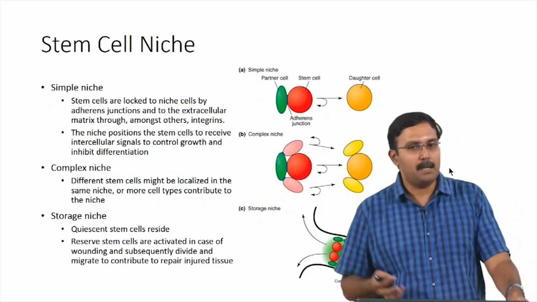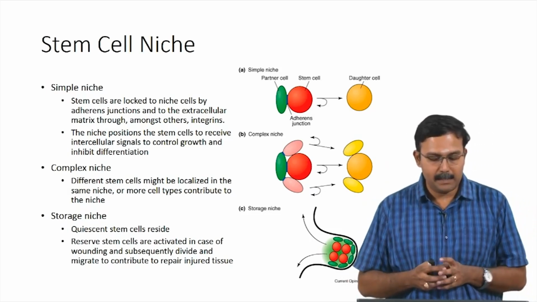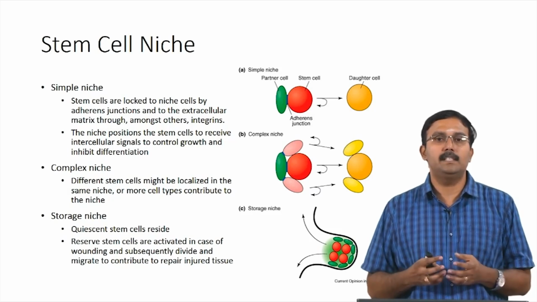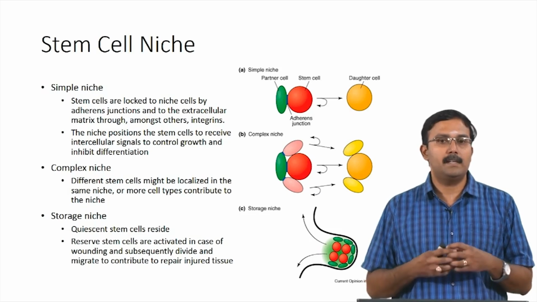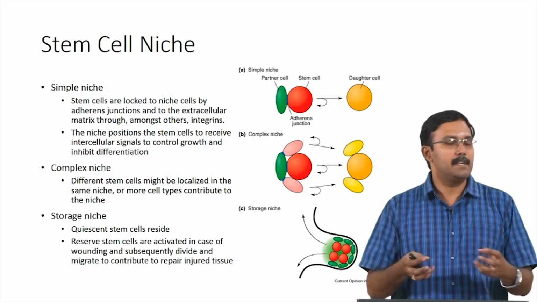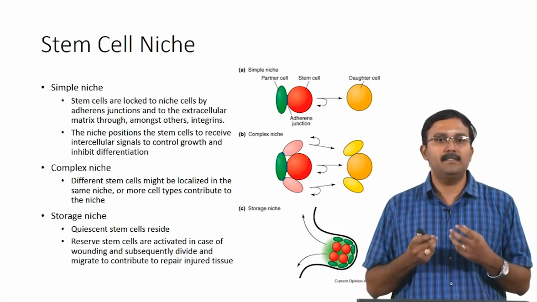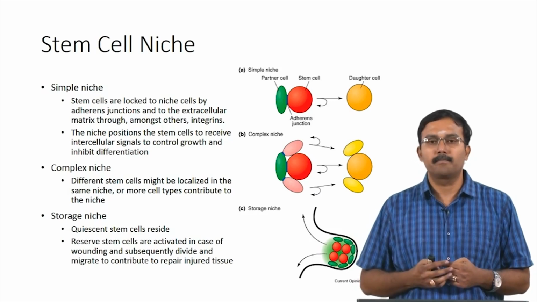There are different types of stem cell niches. You have a simple stem cell niche, where the stem cells are locked to the niche by adherent junctions and to the extracellular matrix through different junctions like integrins. The niche position of the stem cells is to receive intercellular signals that control growth and inhibit differentiation.